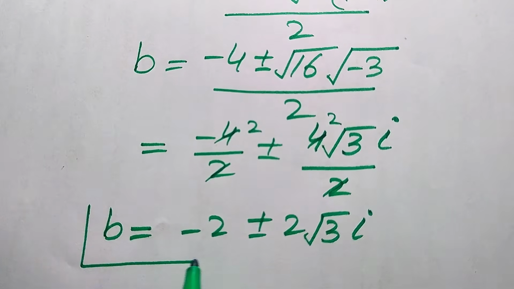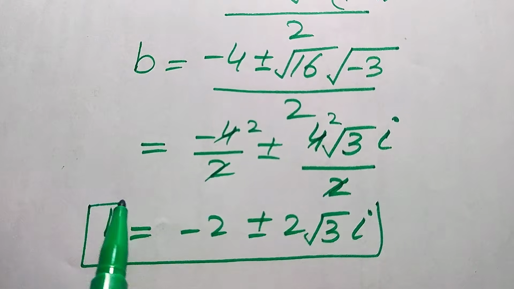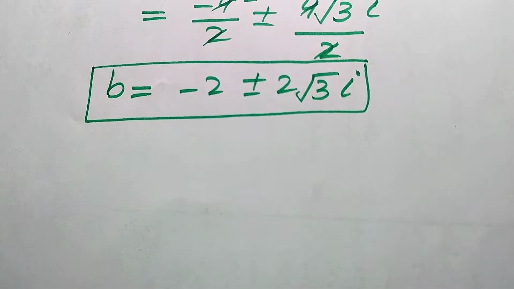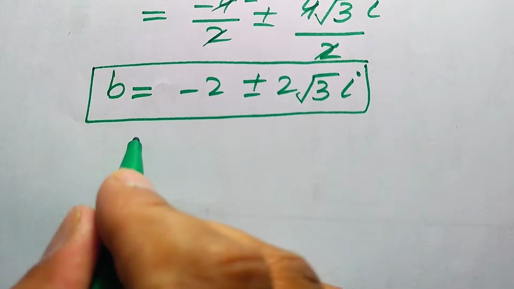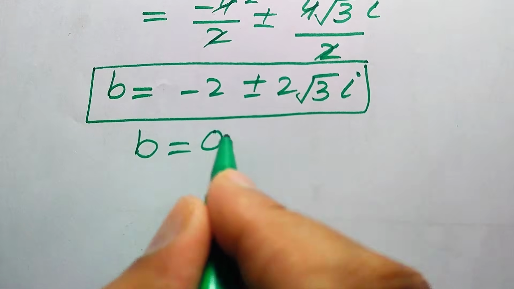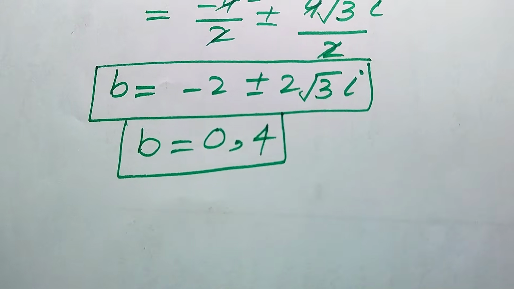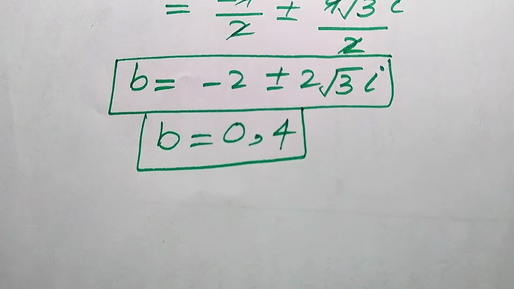So these are the other two complex values of x. And so finally we have four roots of the given equation, in which these two roots are complex roots, and x is equal to 0 and 4 are the two real roots of the given equation.